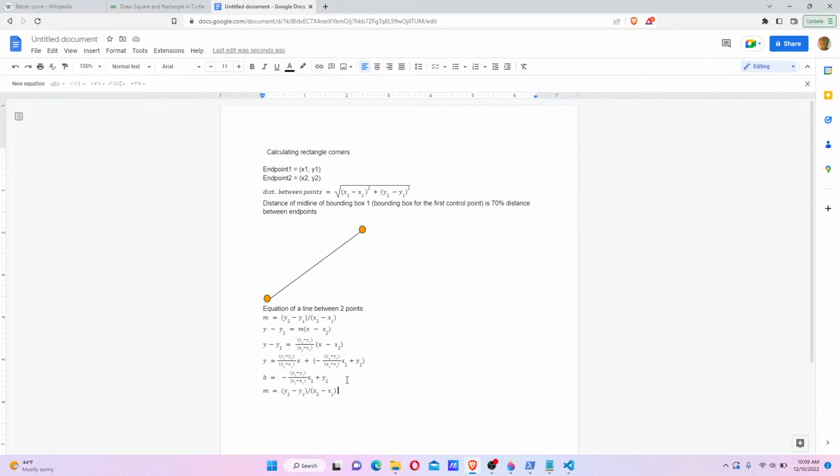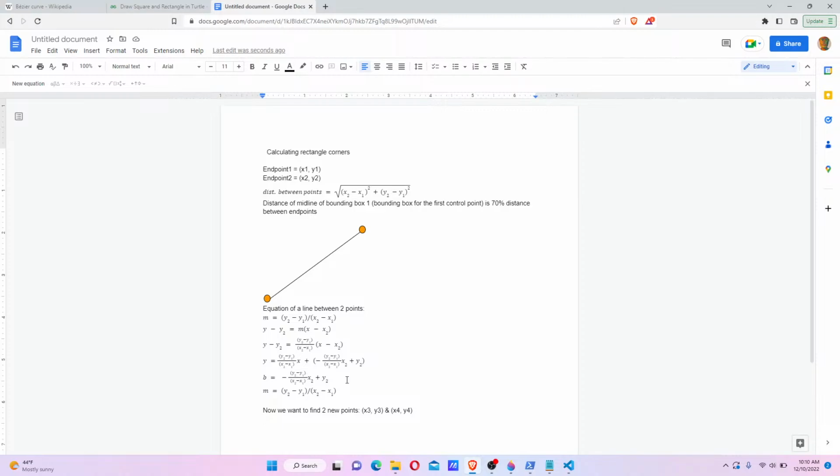Okay, and now we want to find a new point, two new points, which I'll just call x3, y3, and x4, y4. So I'll find these two new points.